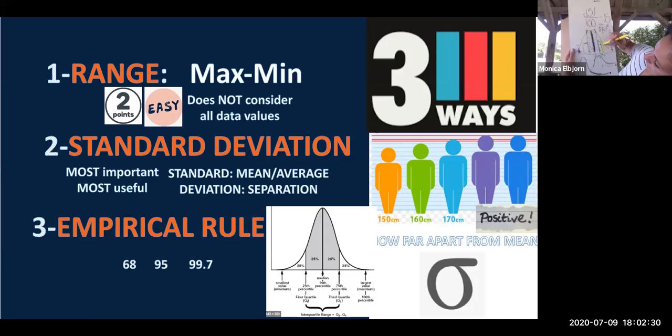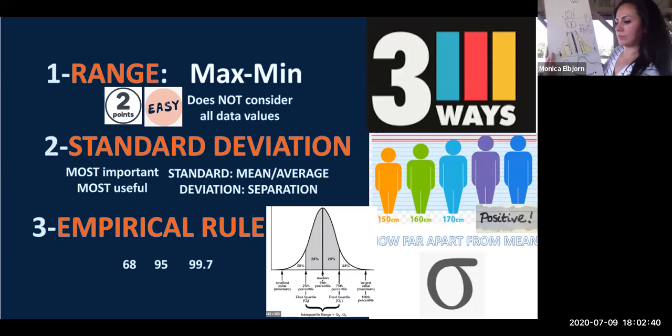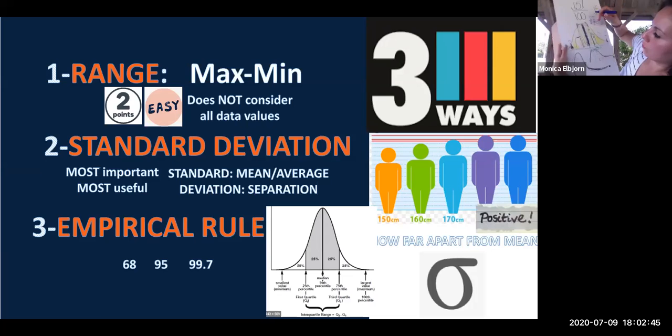So this 25 and this 25 and this 25 and this 25. So 68% of your data will fall between here and here. Even though it's 50% like here and here, all this is going to be between 1 sigma and it's going to be 68% of your data.